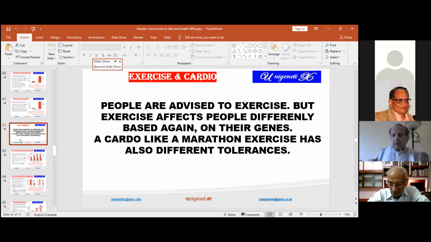Exercise, strong exercise and cardio, मतलब marathon running, that severe exercise. And again, people have different tolerances. I had a patient who came to me, was reasonably fit. I did not know that he was going to go into a marathon.